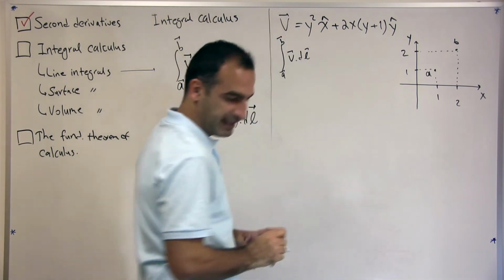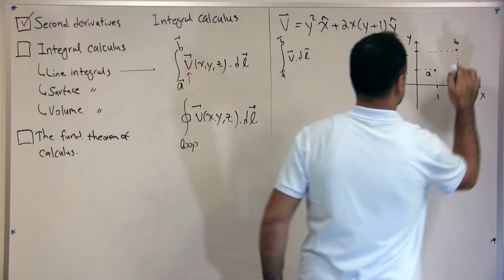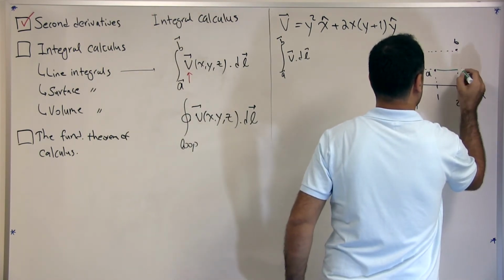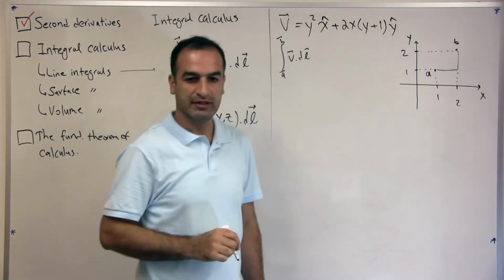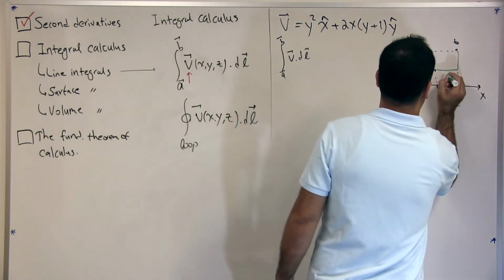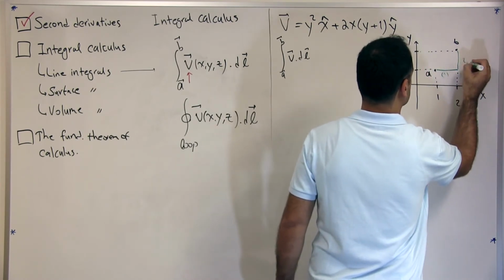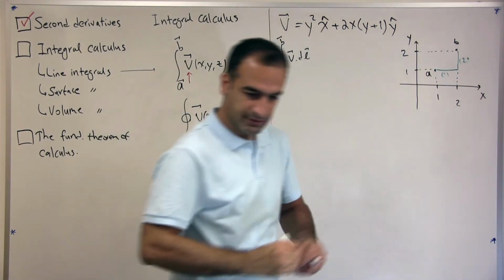So what path are we taking? The path we are taking is this path. From A, we go straight to this point, and then we go straight to the top. So in two steps. Step 1 from (1, 1) to (2, 1), and step 2 from (2, 1) to (2, 2). Okay, my green marker is out.